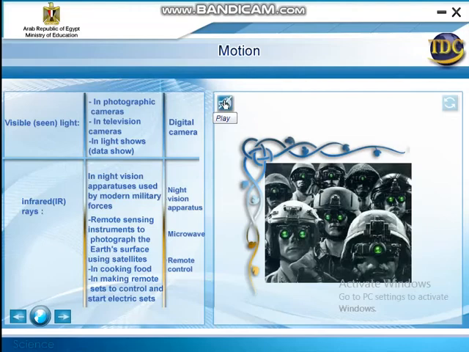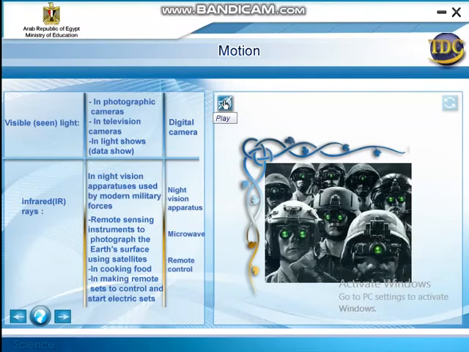The last one, infrared rays or IR rays. They are used in night vision, that is used by modern military forces. Remote sensing instrument, that is used in air satellites.